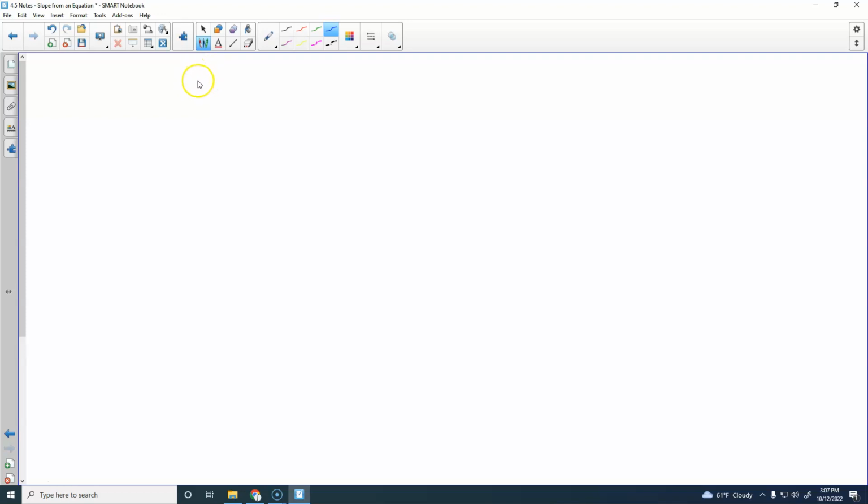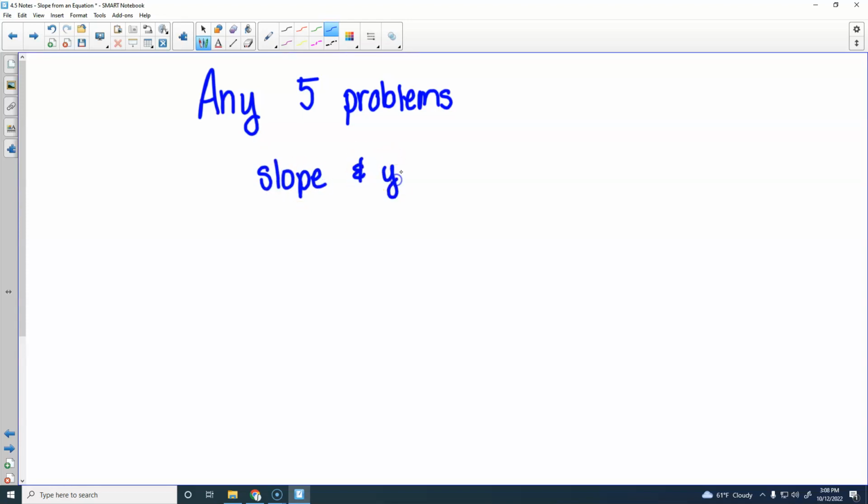All right, so homework for tonight, any 5 problems and tell me slope and y-intercept. Okay, you can do any 5 problems. You can do the first 5 if you want, but if you think number 3 looks hard, you can skip it and do another one that looks easier to you. Okay? So any 5 problems, slope and y-intercept for both of them.